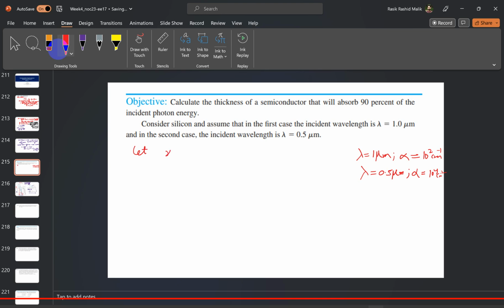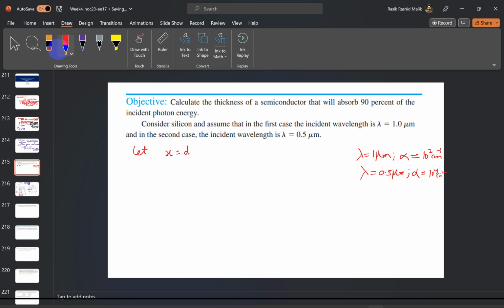Let x equal d be the distance up to which 90% of the incident flux is absorbed.